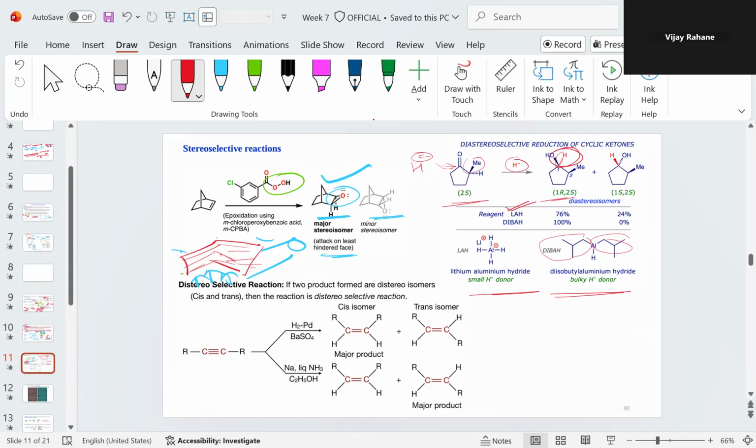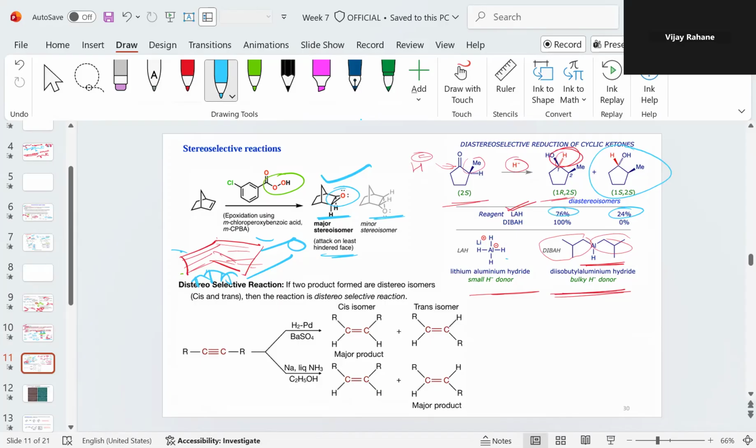But if you want to increase the selectivity, what we can do is use a bulkier reagent like diisobutyl aluminum hydride. This DIBAL-H creates steric crowding, and therefore the attack that takes place in the case of LAH from the top side, giving about 24% of this product, where the hydrogen is on the top side, right?